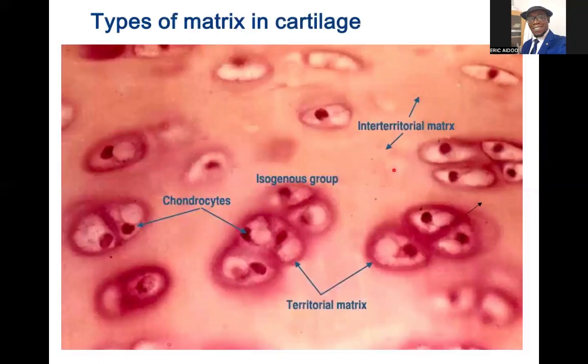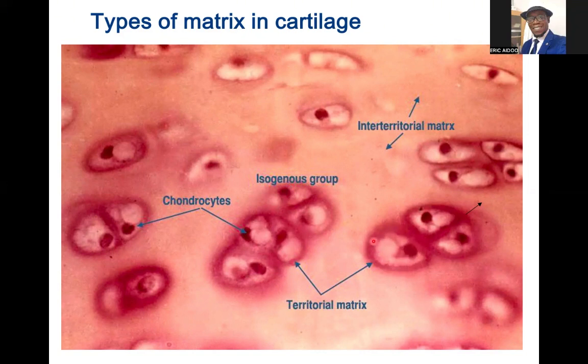So what are the borders or boundaries shared by the chondrocyte? Because of the isogenous group, they are able to have what we call their territorial matrix, which means that around the chondrocytes, you have territorial matrix, just like their territory.